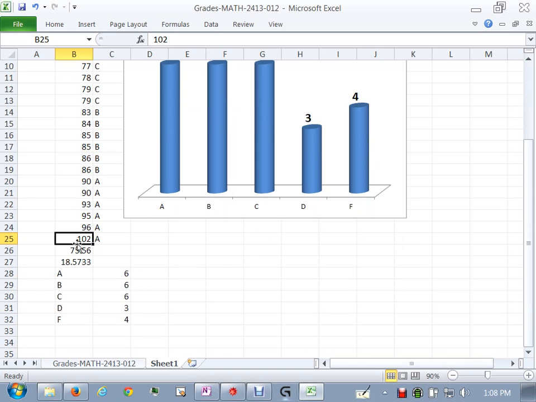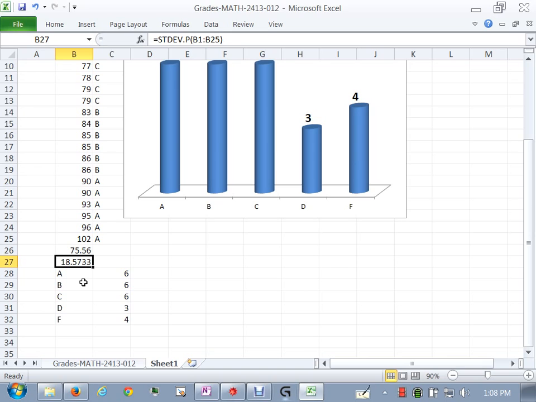The average on the test was a 75.56, so about a 76. And then the standard deviation, that I still wasn't very pleased with, but that's pretty normal. A 19-point standard deviation means that most people were within 18 points of the average. But that's a pretty big window, isn't it?